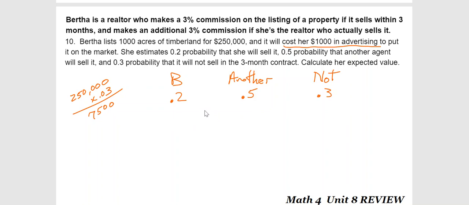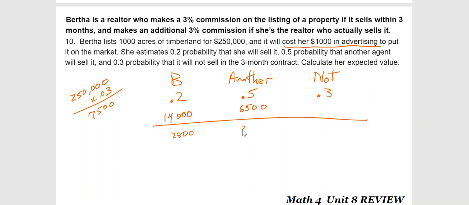So anyway, if she sells it, she gets 7,500 for listing and 7,500 for selling it. That's 15,000. Less the 1,000 in advertising, that's $14,000 right there. Now, the 0.2 is going to make 2,800. Here, she gets the 7,500 for listing it, less the 1,000 in advertising, that's 6,500.